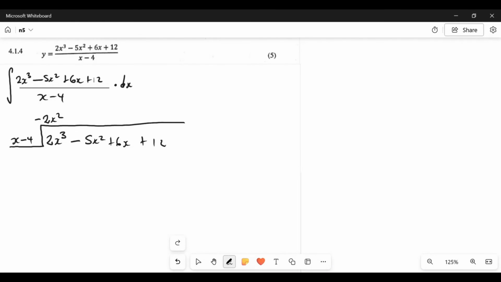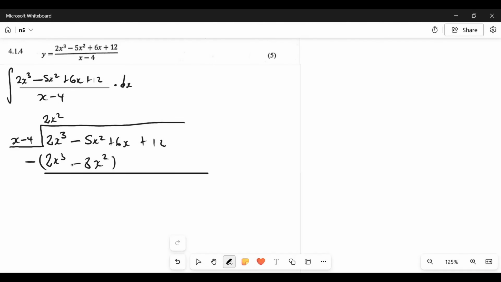So the next step is you multiply this x minus 4 with 2x squared. So if you say x multiplied by 2x squared, that is going to give us 2x cubed. And then you multiply this negative 4 with 2x squared, that is going to give us negative 8x squared. And the following step there is you subtract or add these.